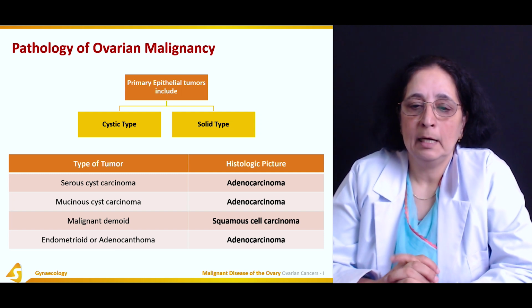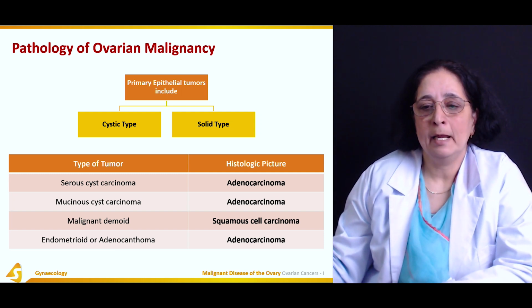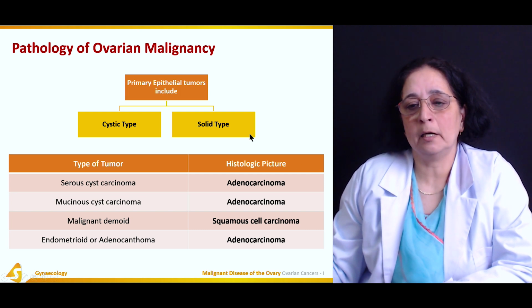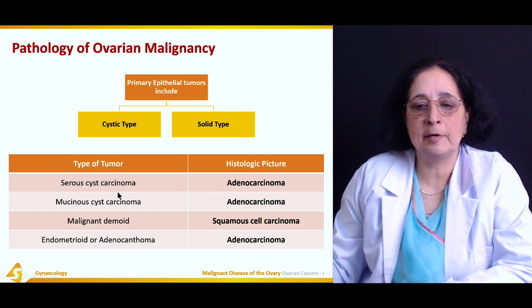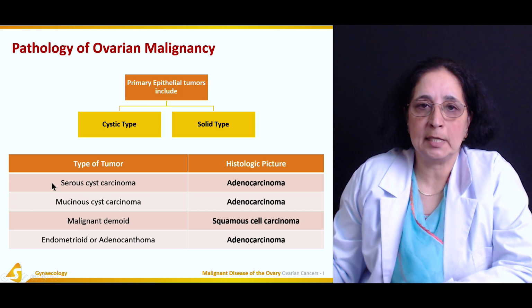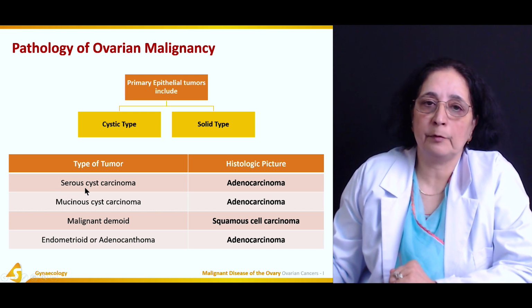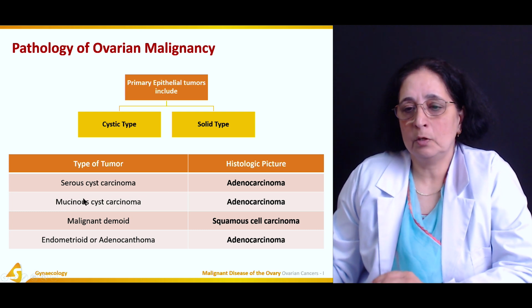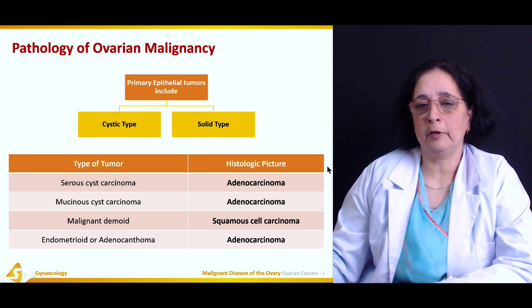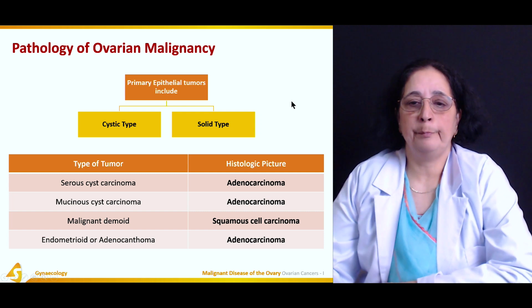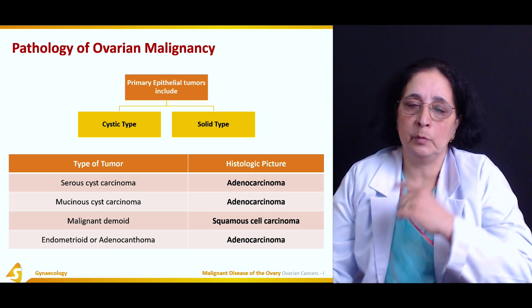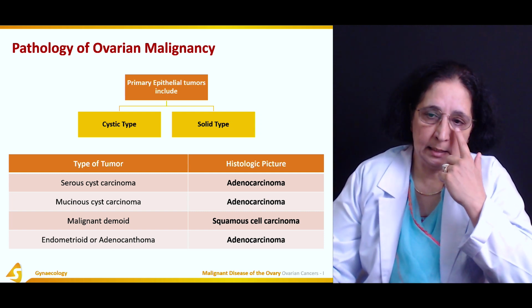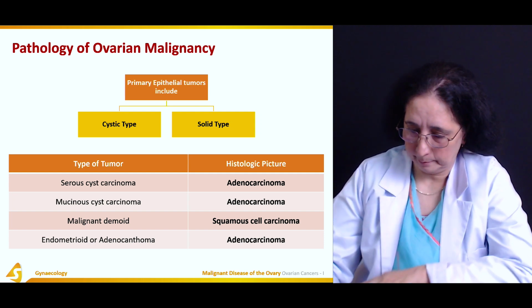Mainly it involves the glands, and whenever the glands are involved, usually different secretions are present, like serous type of secretions and mucinous secretions. So this is the broad classification of the primary epithelial tumors, which include cystic type and the solid type.